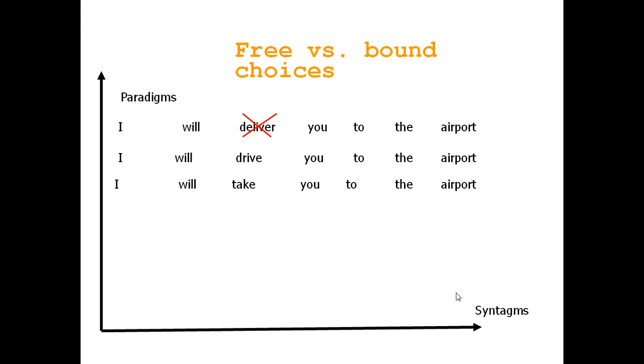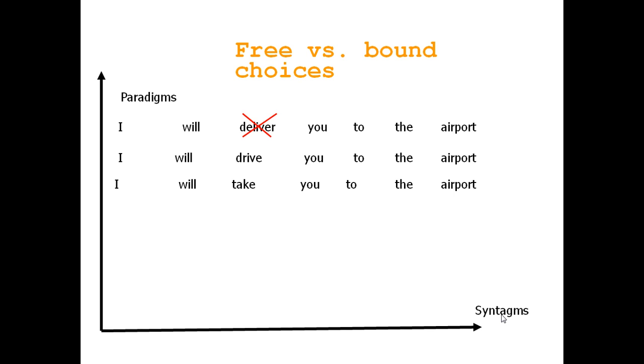So here, our choice is actually limited by the possibility that the inventory of structures of English allows us. Okay? And it's called collocation. Collocation is the property of words to be able to stay together. And it's a syntagmatic problem that tends to limit our free paradigmatic choice.